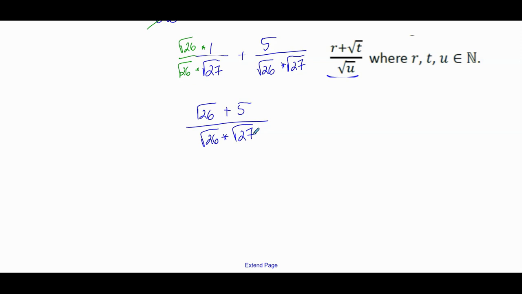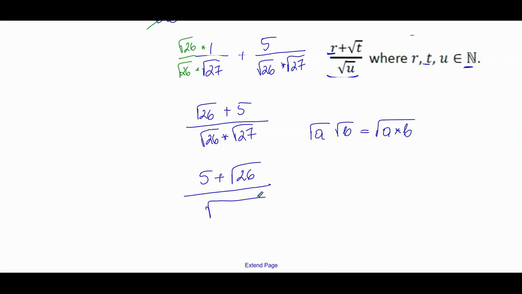So let's see our terms and conditions. First have to be numbers, so that will be 5 plus the square root of 26, which is a natural number, so that's fine. And the denominator has to become one square root, because when they are separate, I can put them under one square root. That's not what they mean by without using a calculator, for you to do that multiplication in your head.